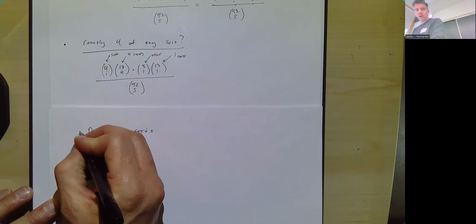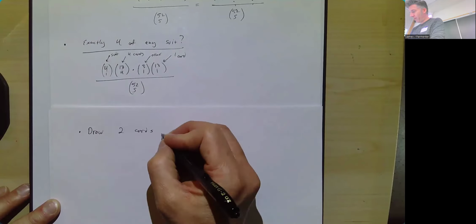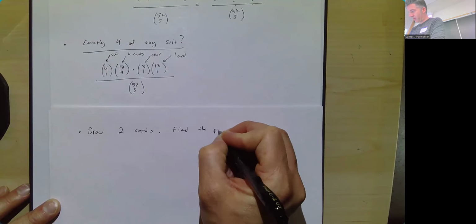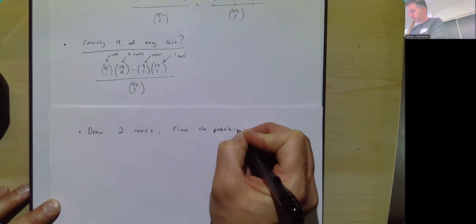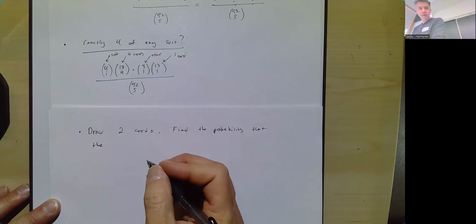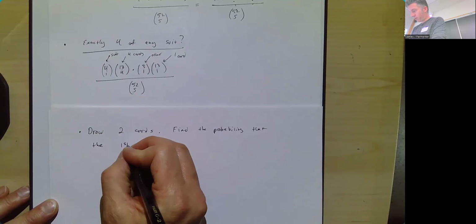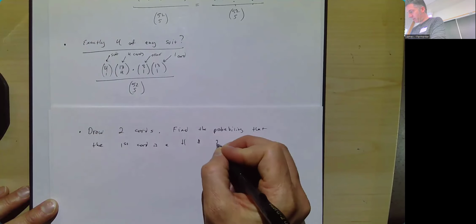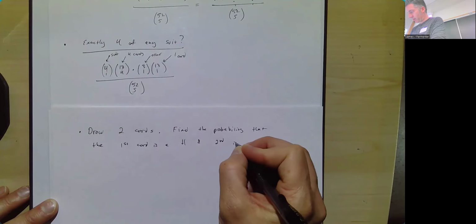So we draw 2 cards, and we want to find the probability that the first card is a heart and the second card is a heart.